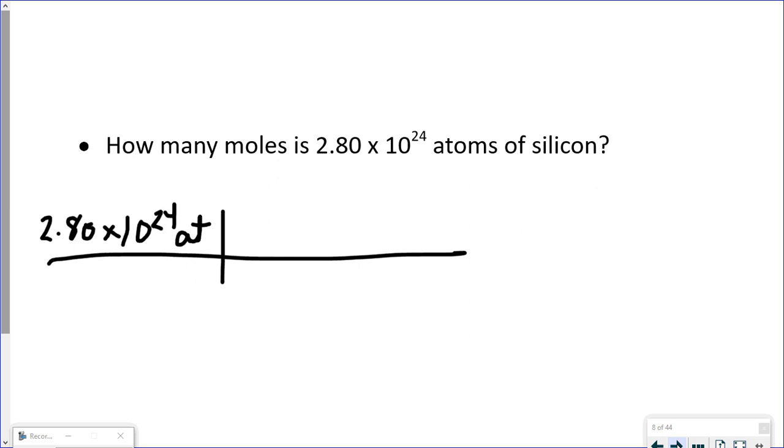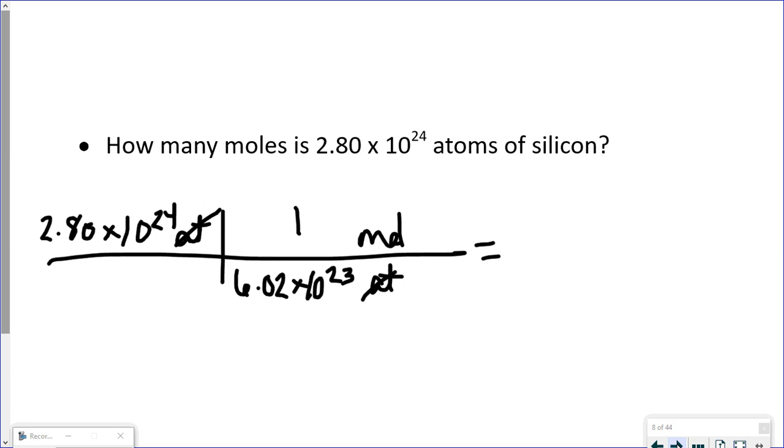So since it's currently on top, it will move down to the bottom. And we're always going to change into moles first. So remember, 1 mole is equal to 6.02 times 10 to the 23rd atoms. That cancels out our unit of atoms, leaving us with moles.